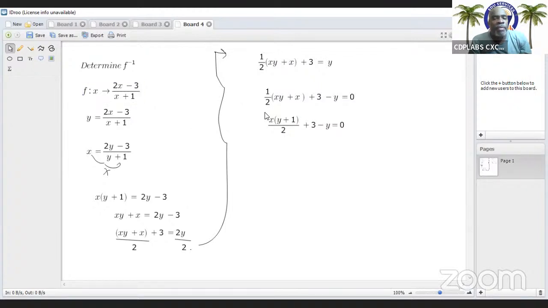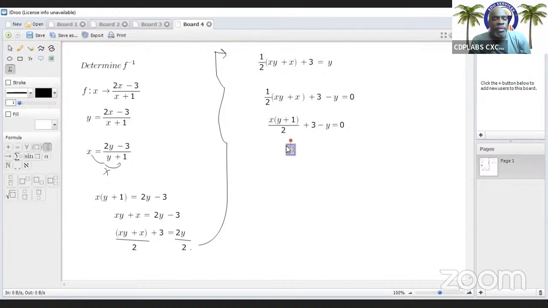Good. So then we can multiply everything by 2. But before we do that, let us carry over the 3 first. Can you carry over the 3 first? Yeah, let's carry over the 3 first. So we still have x on the outside, y plus 1, 2 here.